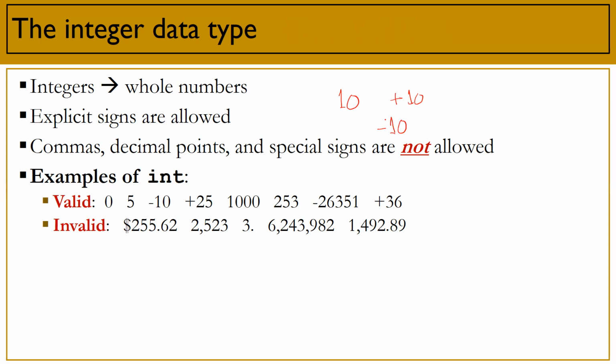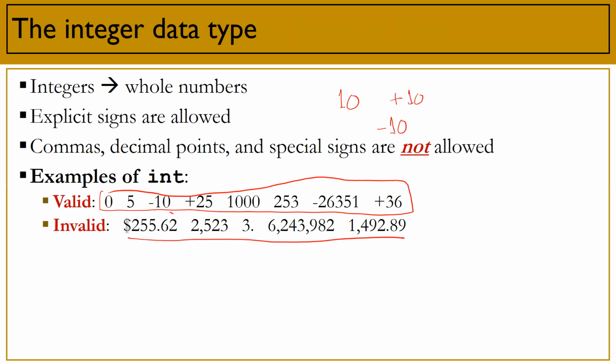Commas, decimal points, and special signs are not allowed for integers. So for example, what you are seeing here are valid integers, but these are not valid integers because the dollar symbol is not allowed here, a comma is not allowed in this one, a decimal point is not allowed in this one, and commas are not allowed here, and so on.